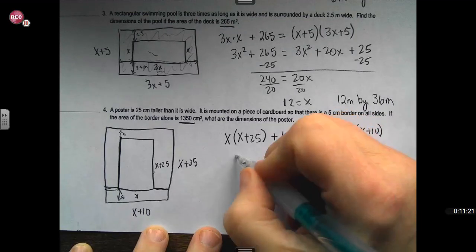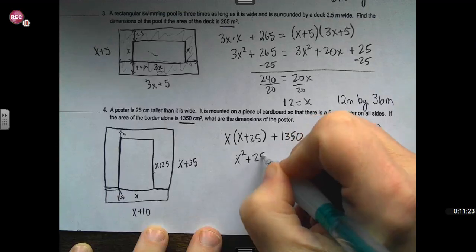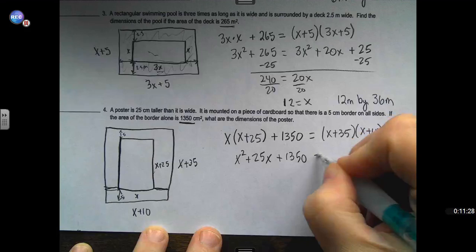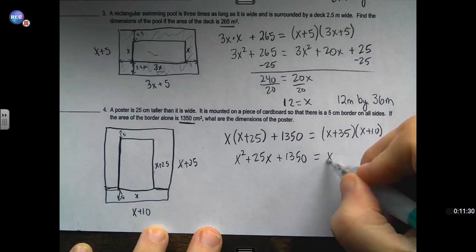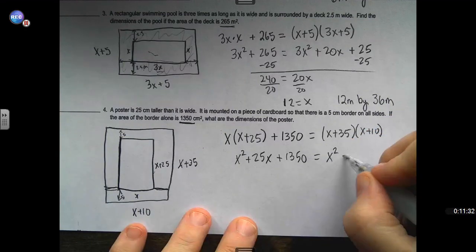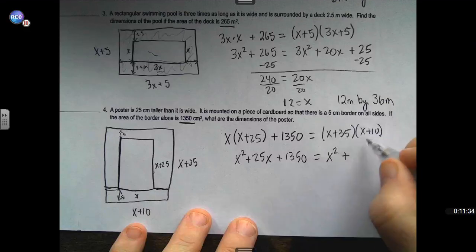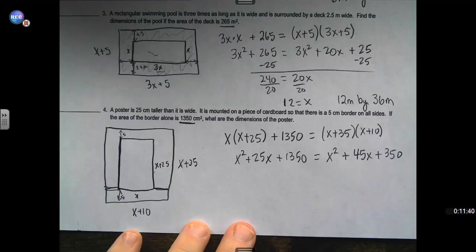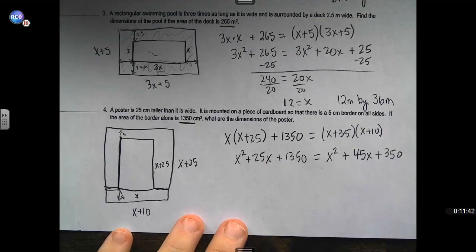So this is x squared plus 25x plus 1350 equals x squared plus 10x plus 35x is 45x plus 350. Notice again my x squareds drop out.